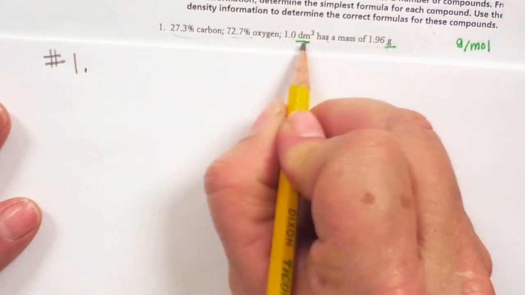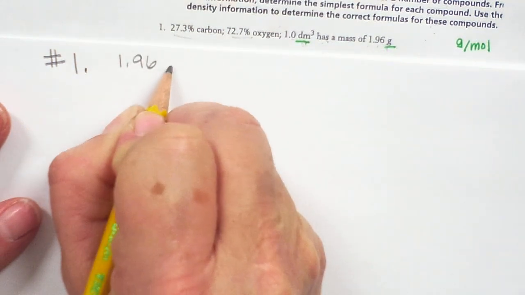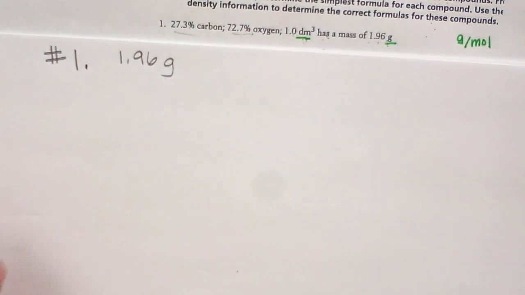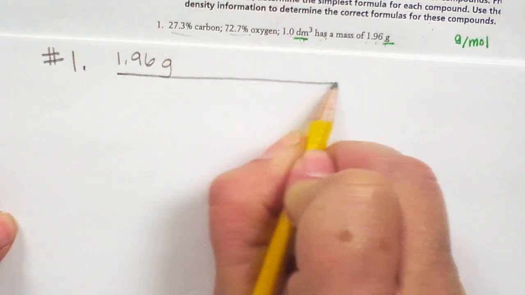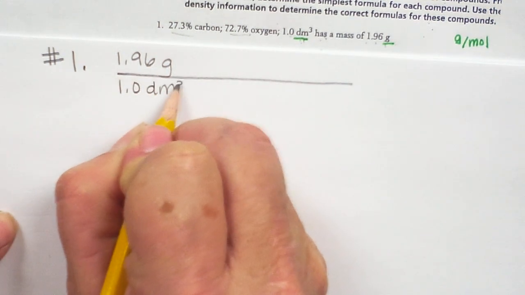The units of molar mass here that are given are 1.96 grams over 1.0 dm cubed, decimeters cubed.